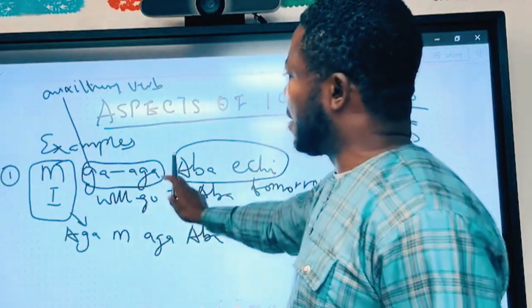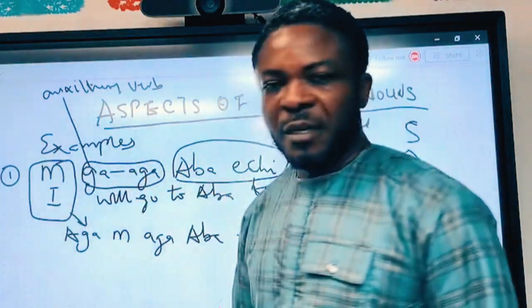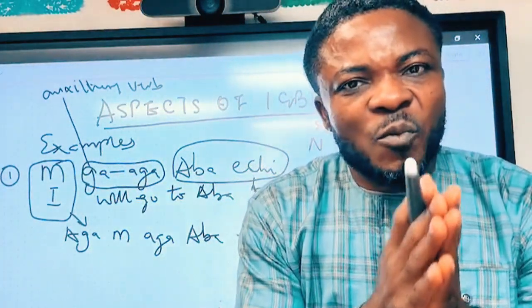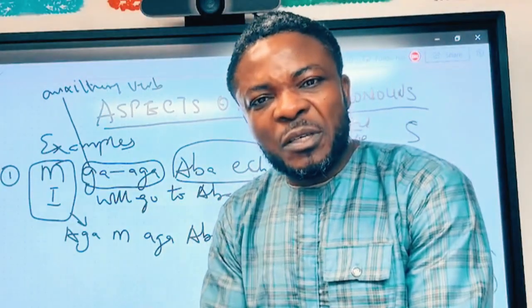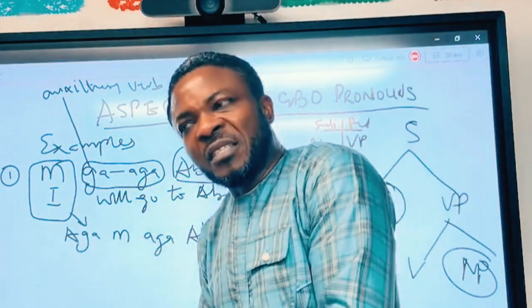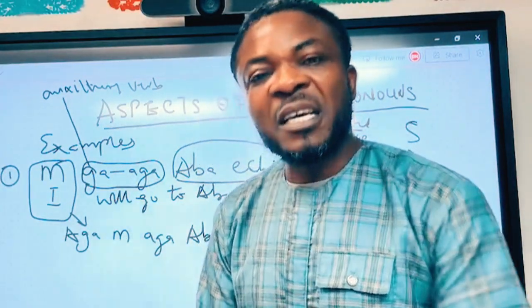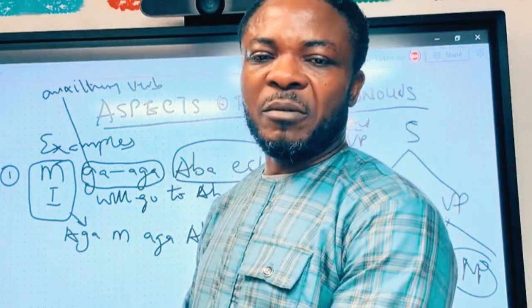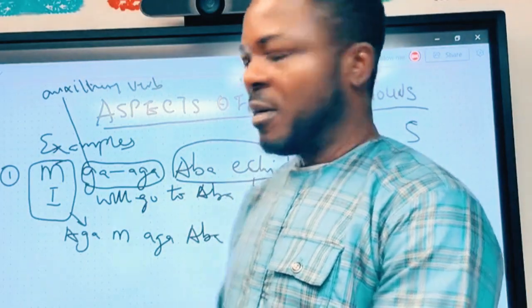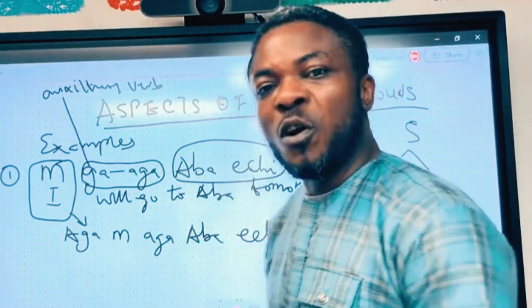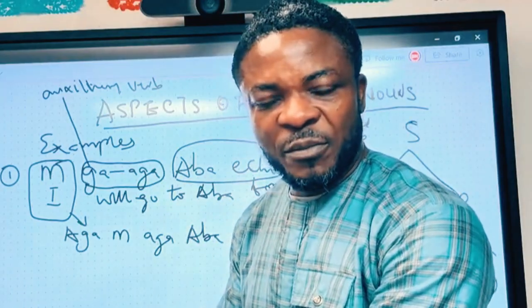Now, if you look at this, you find out that when a word is in the sentence to help the verb, it stays close to the verb. It works with the verb.